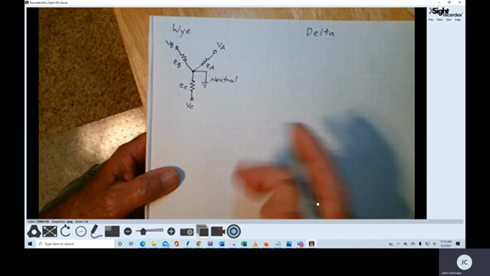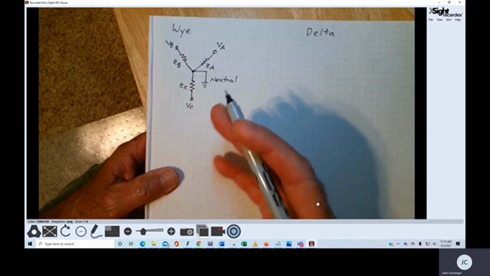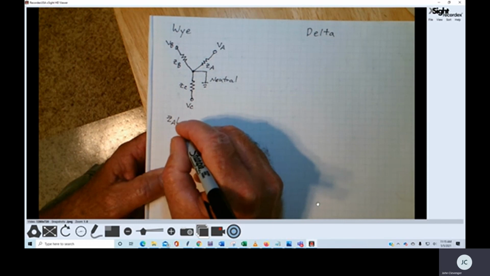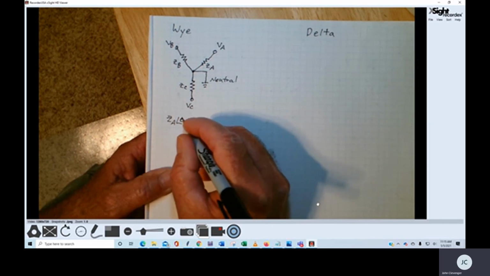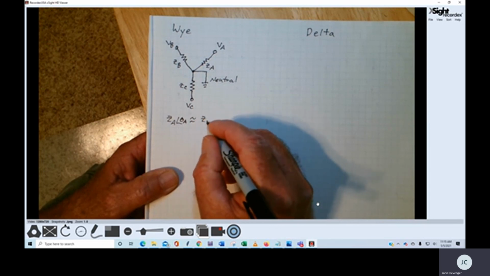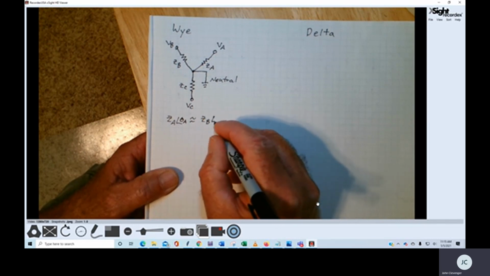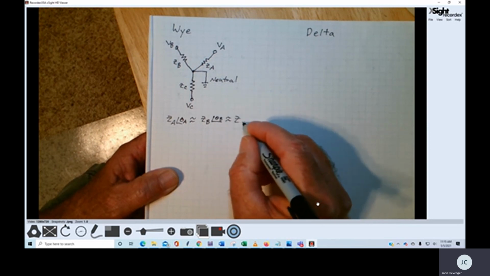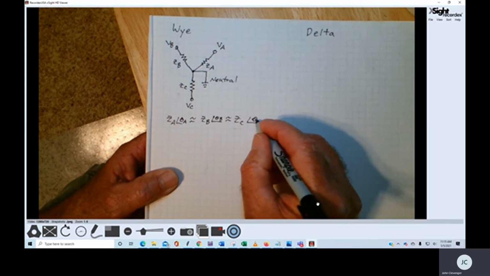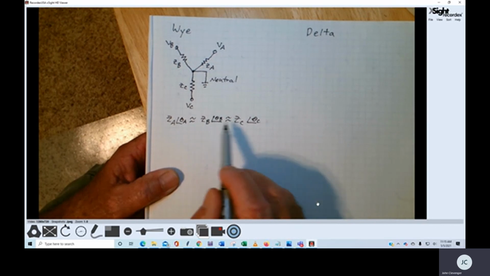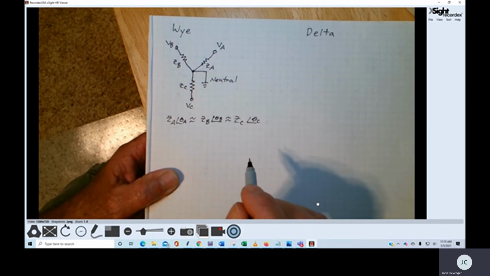Now, one thing that is important when we start designing our Y system is that we need to have ZA at some angle, we'll call that theta sub A, approximately equal to the impedance of B, again at some angle, theta B, which is approximately equal to ZC at some angle, theta sub C. We need to match these impedances as close as possible.